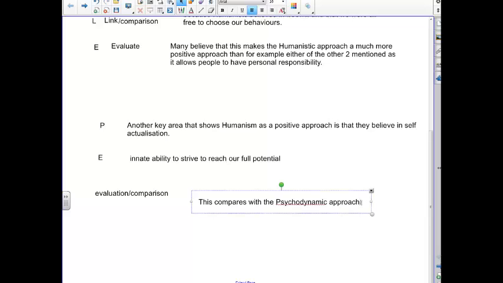And why is that negative? Which sees us as all being born with what, guys? What's my answer here?